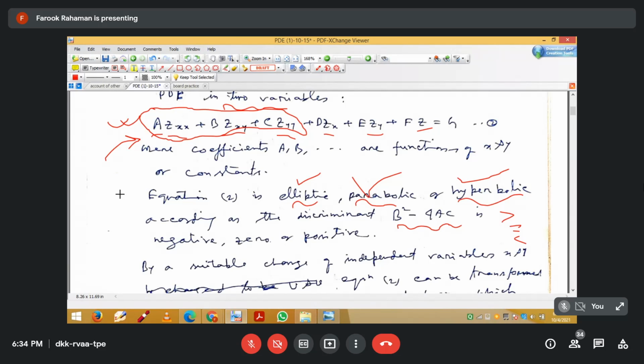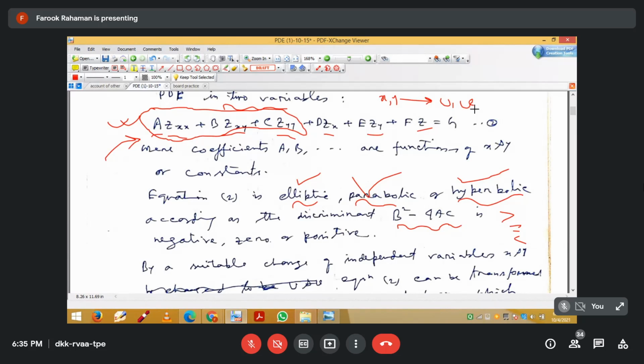Now, what is the advantage? The advantage is that if we have these particular types, that is elliptical, hyperbolic, or parabolic, then this differential equation can be solved very easily if we transform the variables, that is from x, y variables to other variables, say u and v. How?